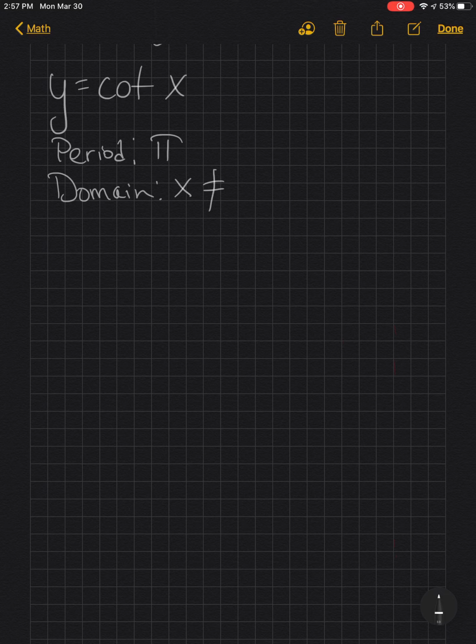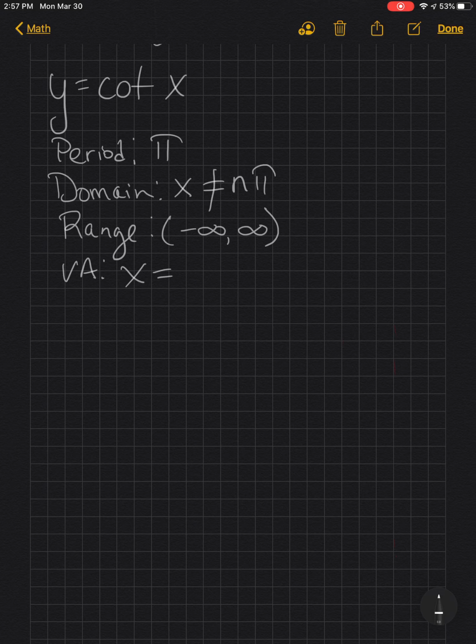It can't equal anytime we reach our pi's, so n pi. Our range is always going to be all real numbers, just like it was for tangent. And once we found our domain, we know our vertical asymptote is the same thing, except x equals n pi. All right? So again, this is always your first step, whether you're doing tangent or cotangent.